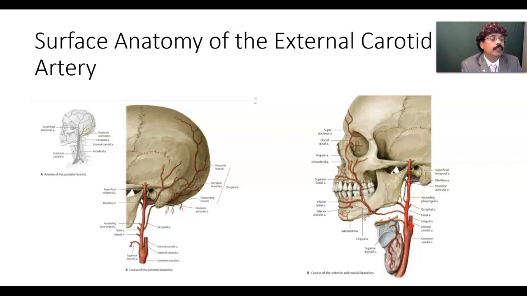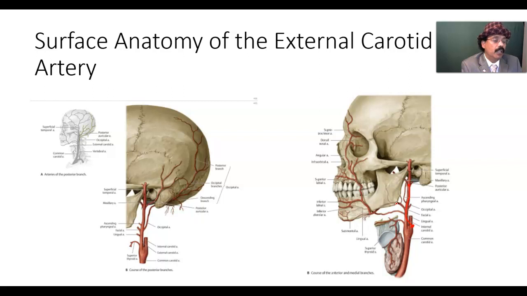This point is just behind the neck of the mandible, or just above the midpoint of a line joining the angle of the mandible to the tip of the mastoid process. This is the neck of the mandible, this is the angle of the mandible, and this is the tip of the mastoid process.